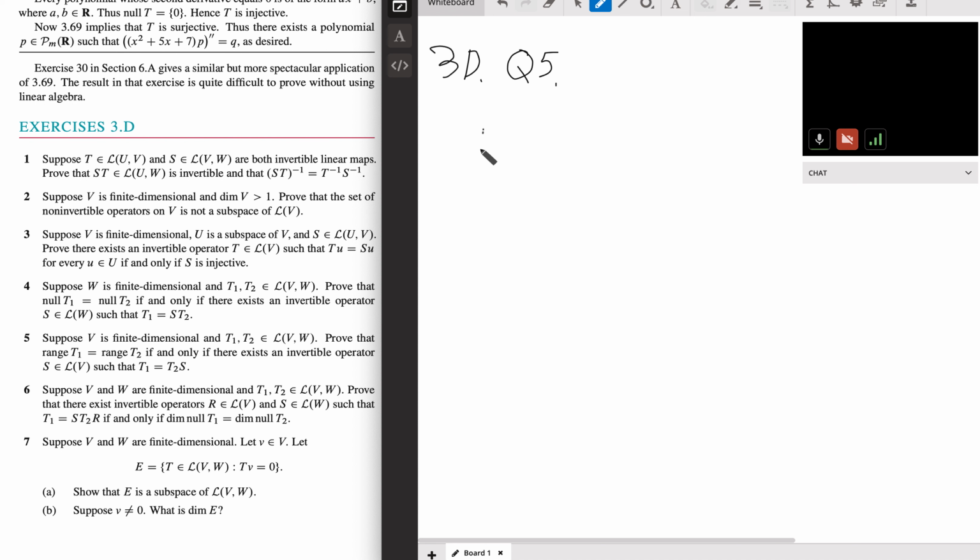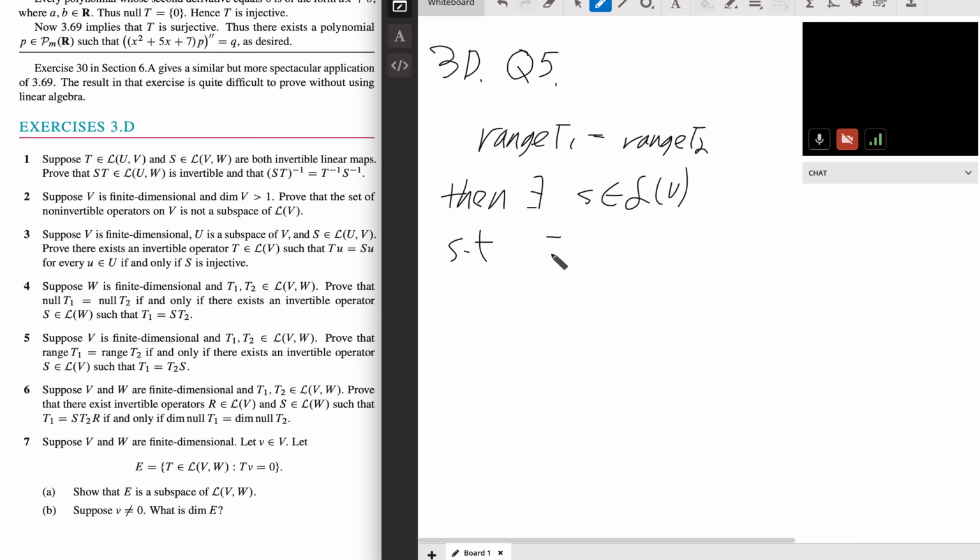But then we want to go from this side and say that if range of T1 is equal to range of T2, then there exists the operator S, so that T1 is equal to T2 composed with S. This one's probably a little bit more difficult, I think.